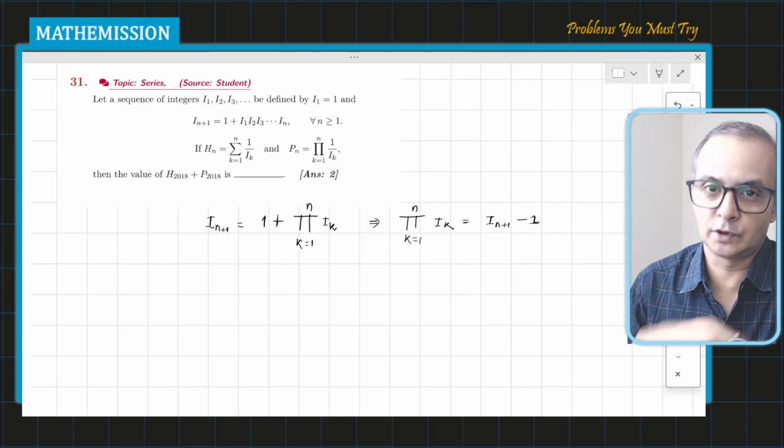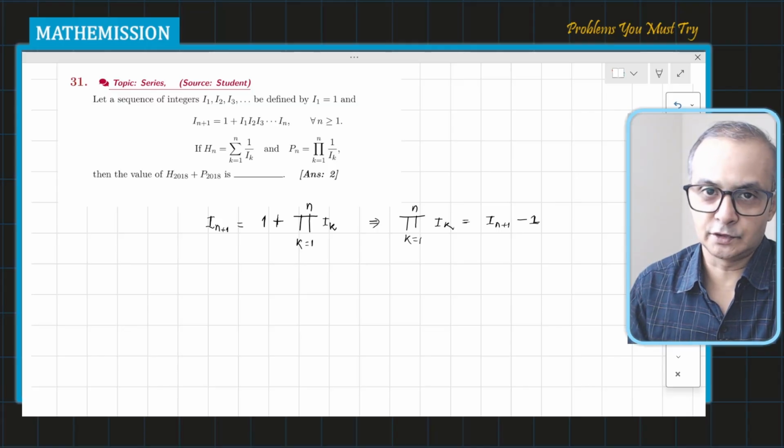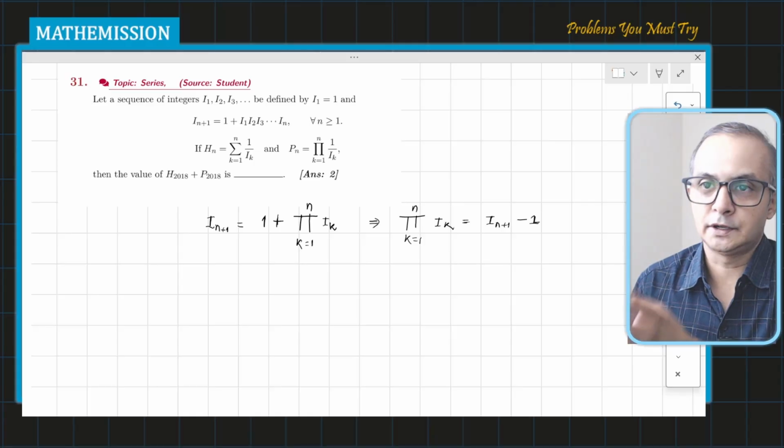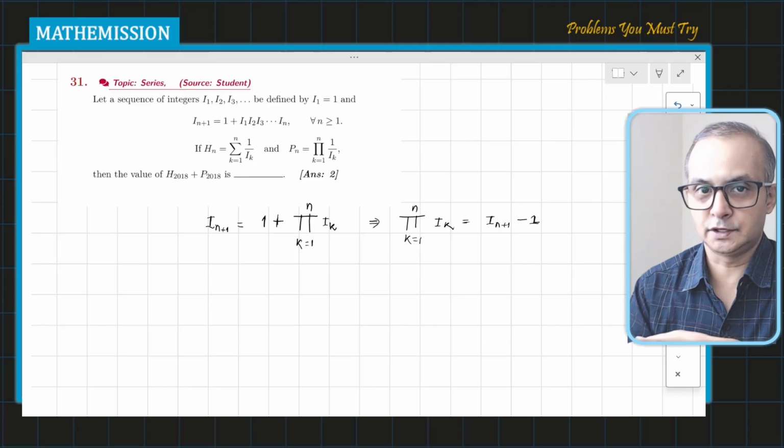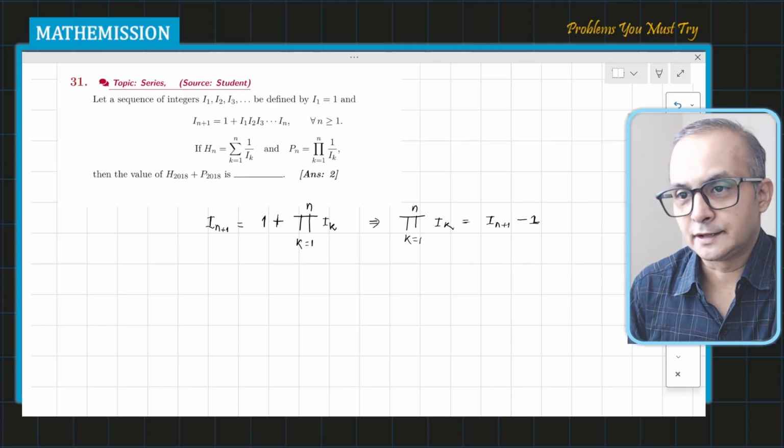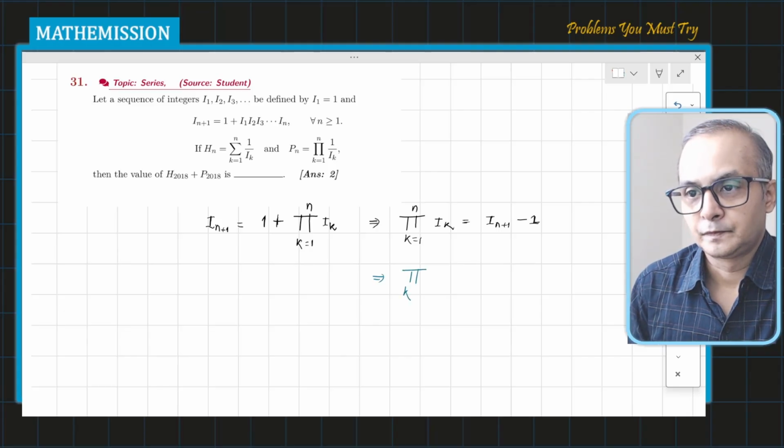Now one thing is important: if you take the reciprocal of Ik, whatever result comes on the right hand side will also be reciprocal, because this is I1 into I2 into I3 and so on, and you are taking the product of all these. So I can also write the product, k goes from 1 to n, of 1 by Ik is nothing but 1 by In plus 1 minus 1.